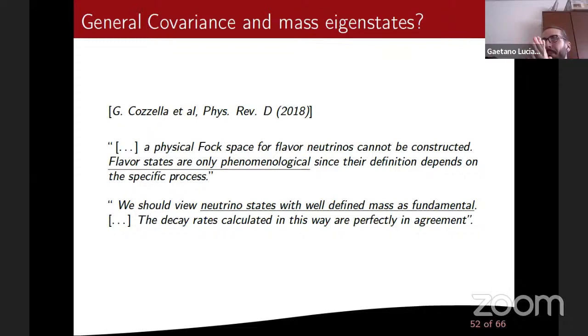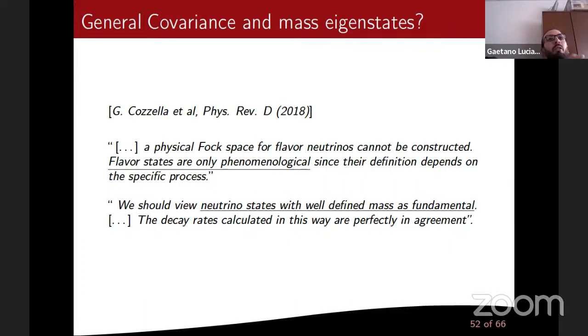And in that paper, if I remember well, their picture is somehow detector dependent, which from my point of view cannot be a fundamental picture, because if you say that the description of a particle or a state of a particle depends on the process, you are just making an effective description, not a fundamental description.